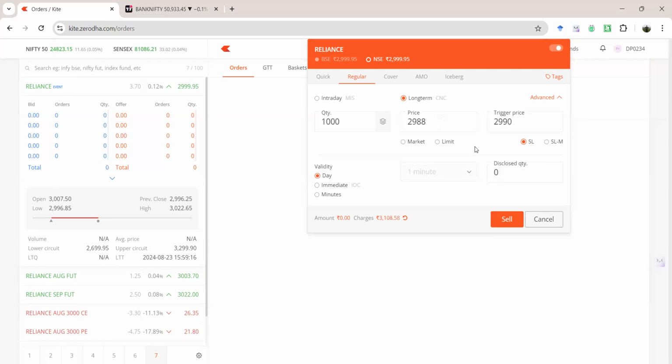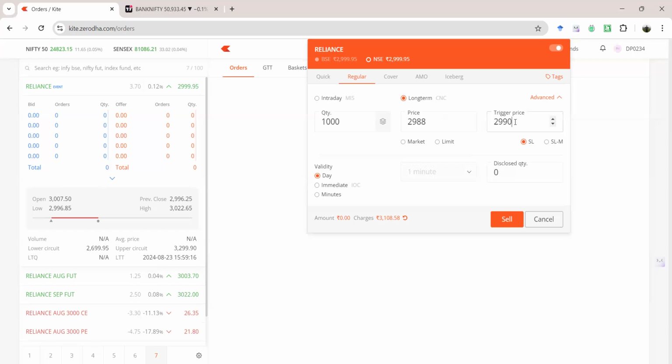Okay? Prashant, I have one question here. If here on the screen you are showing 2990 as the trigger price, and it gets triggered but the quantity is not complete, and then the price goes down below the trigger price, will it still hold, or will it not stop?